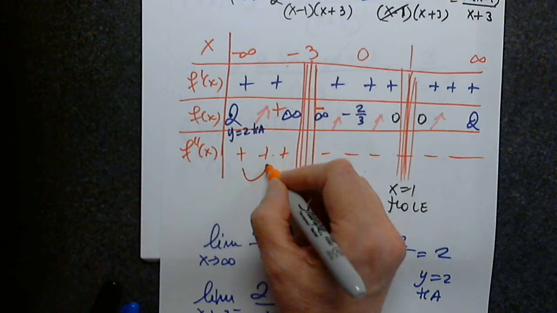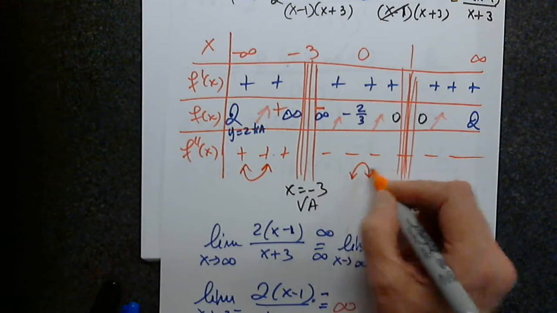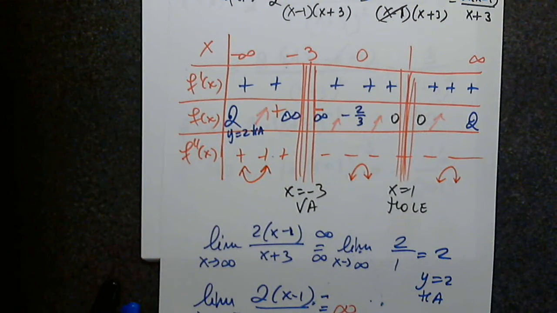Which means no inflection points. They don't exist because the function is not defined at those points. The function is not defined here. The function is not defined here. The second derivative is not 0 at those points or undefined.